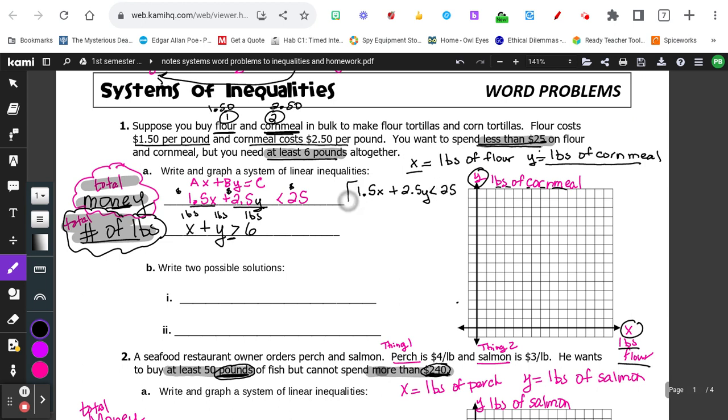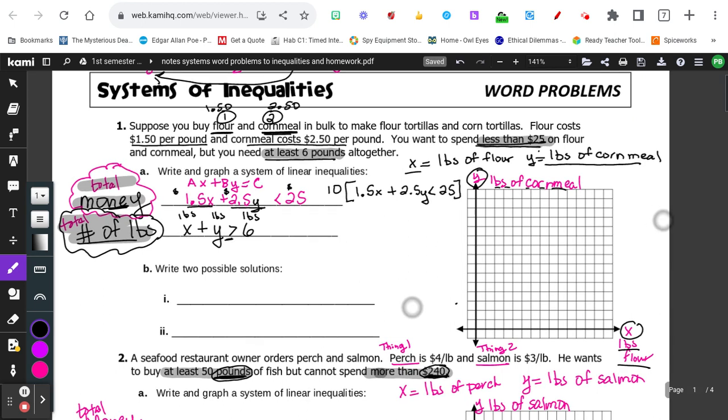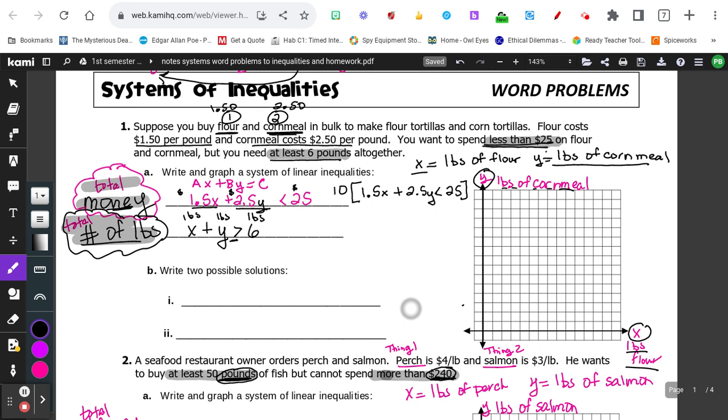What I'm going to do is multiply each thing in here by 10 because I don't like dealing with these decimals, guys. I want to eventually get this into slope-intercept form so it's easy to graph. Now, I could have graphed it using x and y intercepts, where I set x equal to 0 to get y, and y equal to 0 to get the x-intercept, but I'm just going to proceed with slope and y-intercept.